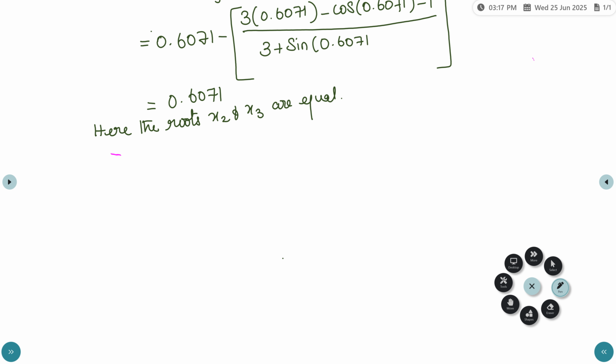So you can easily write the final root: the root of the given equation is x equal to 0.607. This is the answer. Thank you.